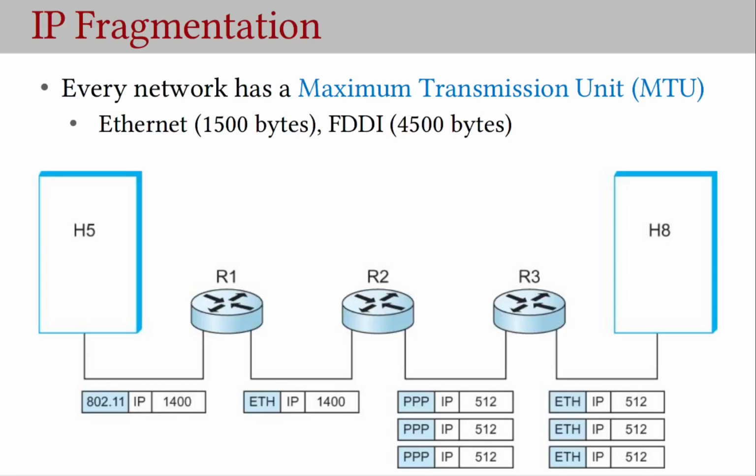One problem that comes up when we network heterogeneous, different networks is that different networks have different maximum packet sizes that they can transmit. So one option is that if the packet size is larger than what that network can carry, that packet is dropped, but that's not a good idea.